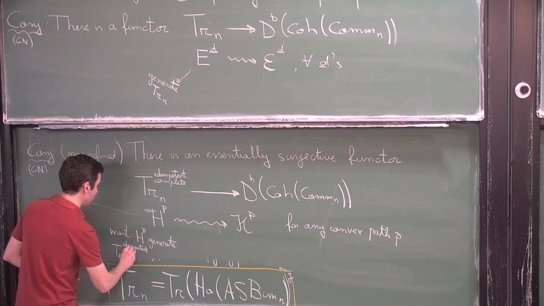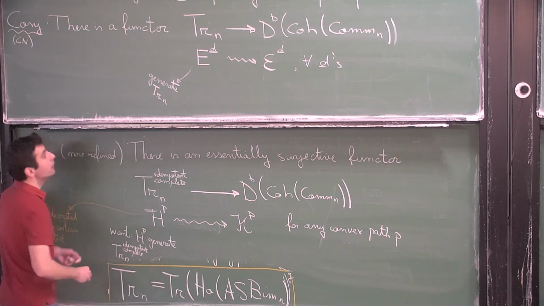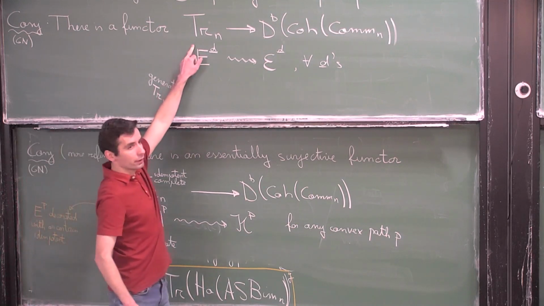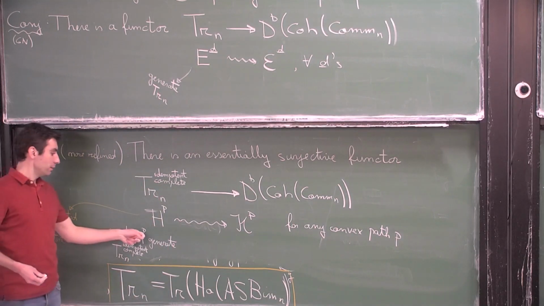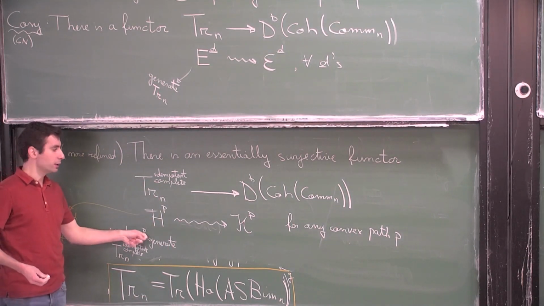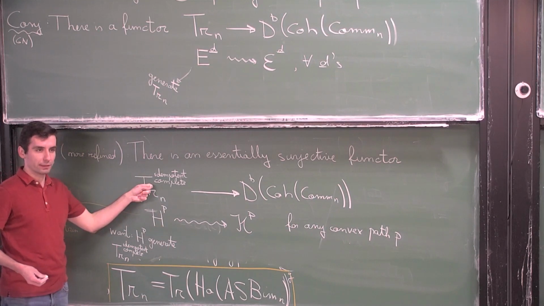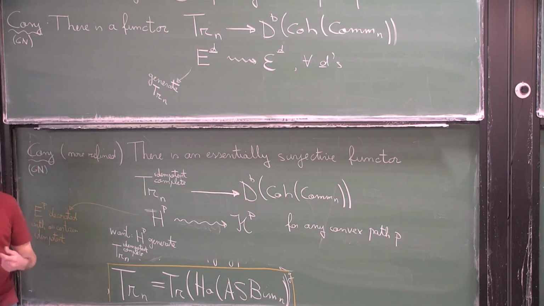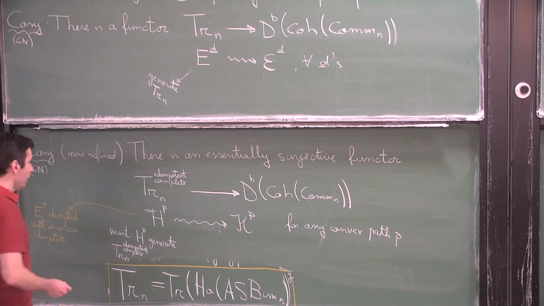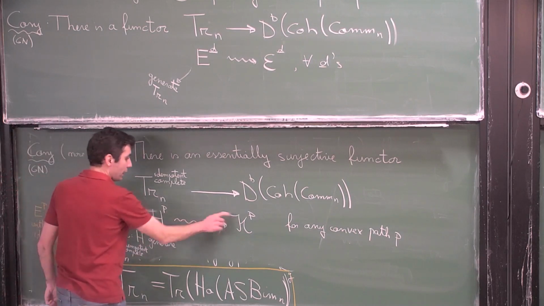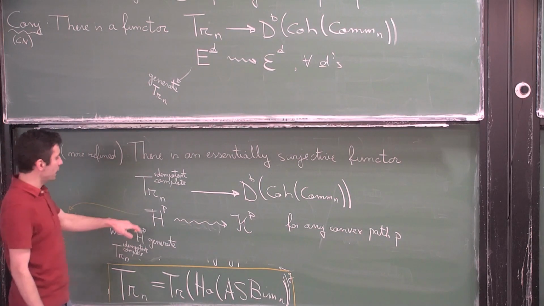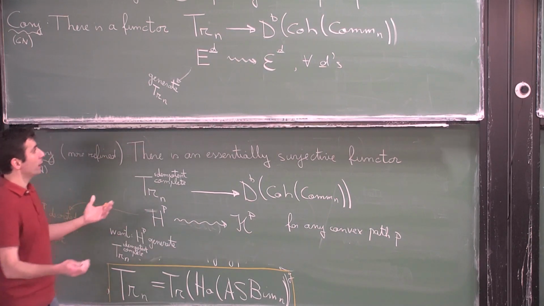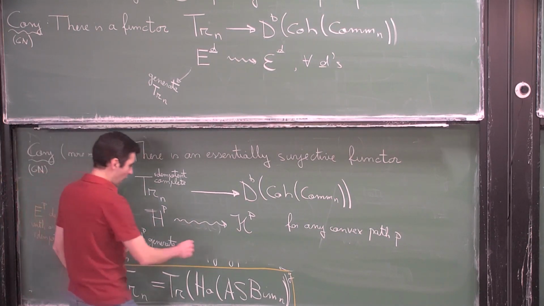Why would this be a natural thing to hope for? Well, the E_Ps generate this category. We hope that by putting the right idempotent on them, then E_P with some idempotent will generate the idempotent completion of this thing. But we don't have this result yet. It's something that we hope for. However, on this side, curly H_P is to curly E_P the same way as H_P is to E_P: you decorate with some idempotent.